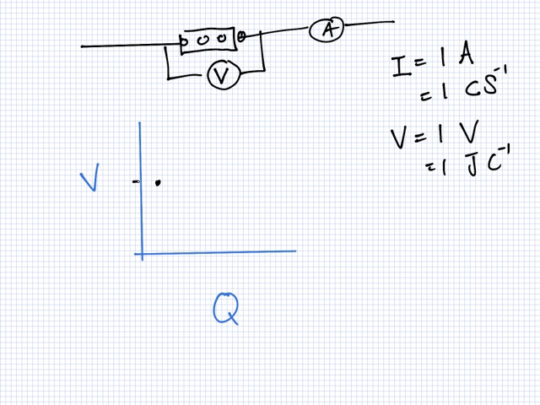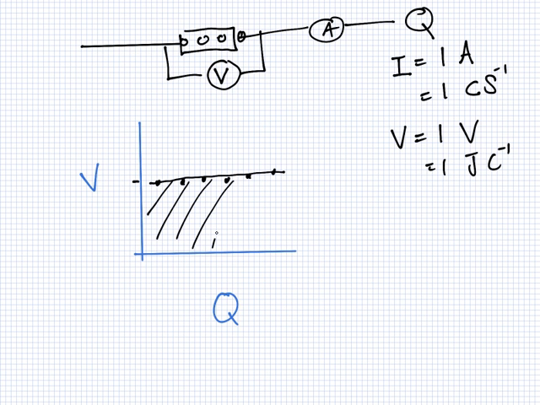Constant. Now, when another coulomb travels, when 2 coulombs have travelled, how much is the voltage? It's still 1. No matter how much charge passes through the resistor, so even though we're getting more and more charge coming out at the end, we still have the same voltage. Okay?